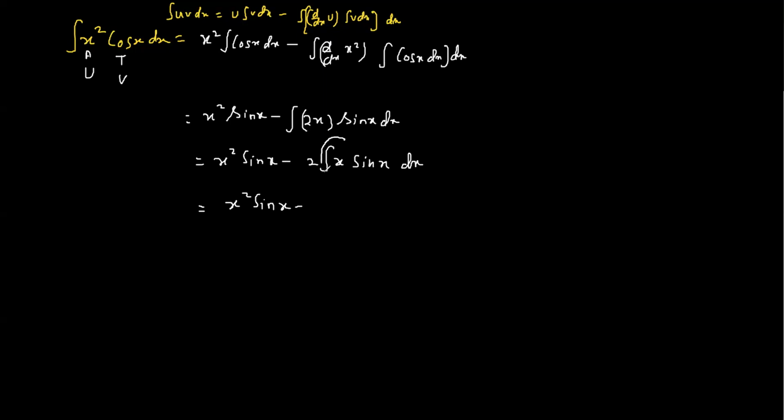So integrate this part by using the UV rule, integration by parts. Here again consider u as x, minus the derivative of u, and the integration of v, sin x.